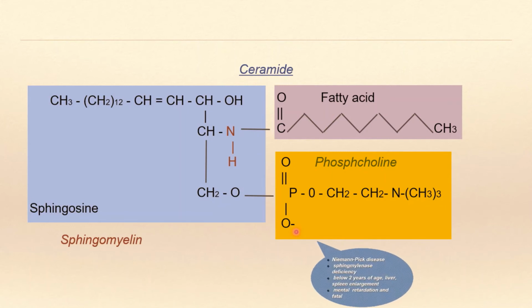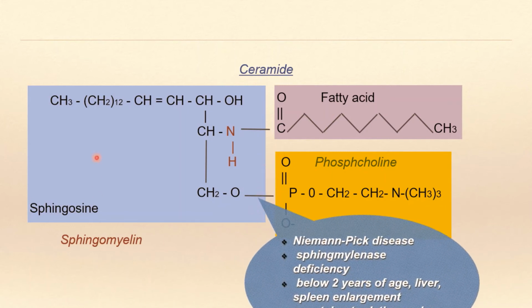Now regarding the sphingomyelin, once this is formed, the excess of sphingomyelin will be catabolized by the enzyme sphingomyelinase. This sphingomyelinase will release the ceramide and phosphocholine.